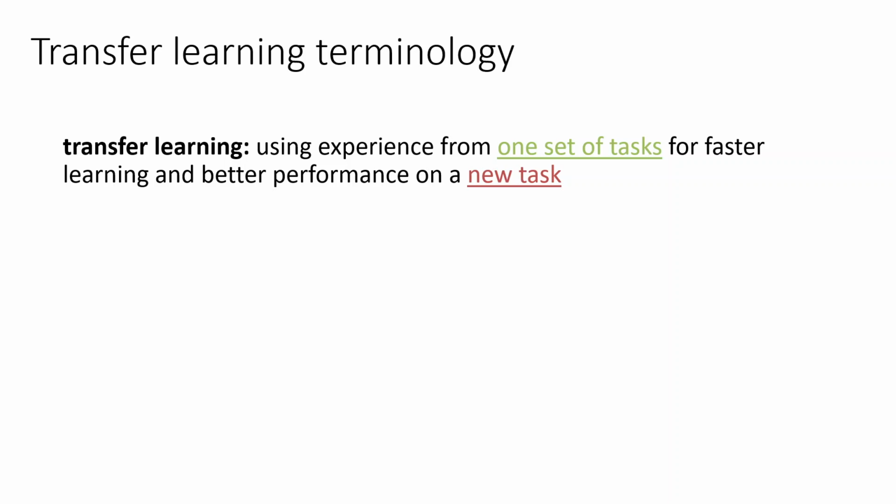So, formally, transfer learning deals with the problem of using experience from one set of tasks for faster learning and better performance on a new task. Now, when we talk about transfer learning in the context of RL, a task is, of course, an MDP. So you can also read this as saying, use experience from one MDP or from a set of MDPs for faster learning and better performance on a new MDP.